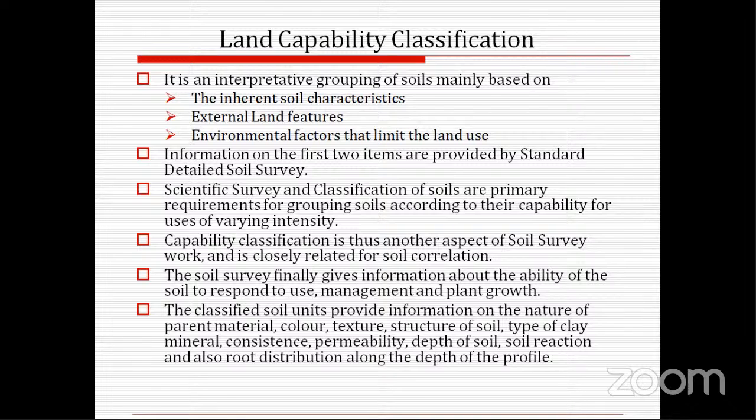In this classification, what kind of information will we get? We get the nature of the parent material. Before putting any land under this land capability classification, in short LCC, we should know the information about the parent material.